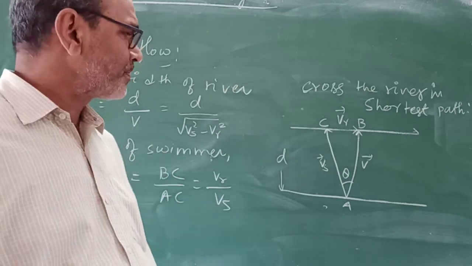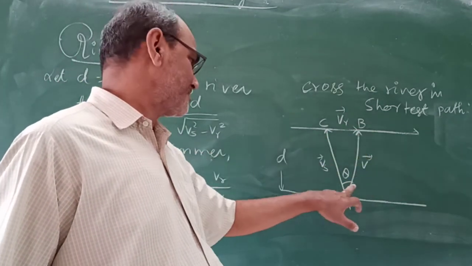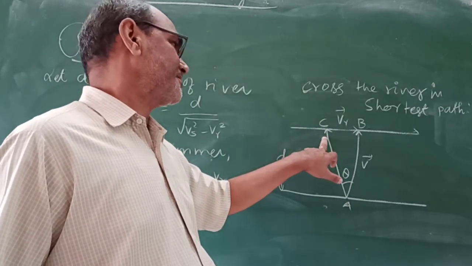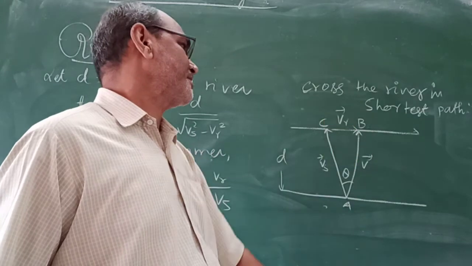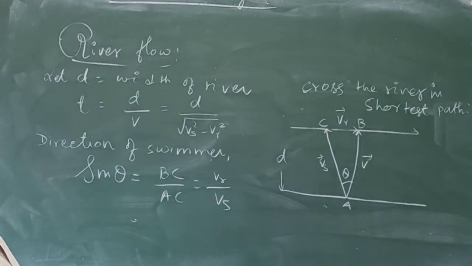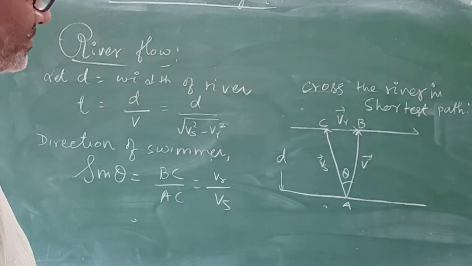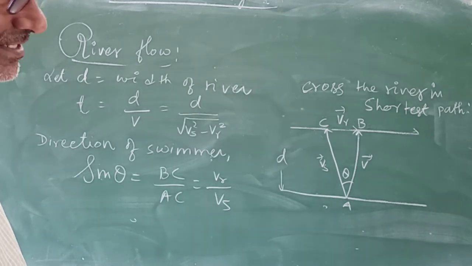Is it clear? Again, AB is the resultant velocity, AC is the velocity of swimmer, CB is the velocity of the flow of river water. Therefore in the right angle triangle ABC, perpendicular square plus VR square is equal to VS square.